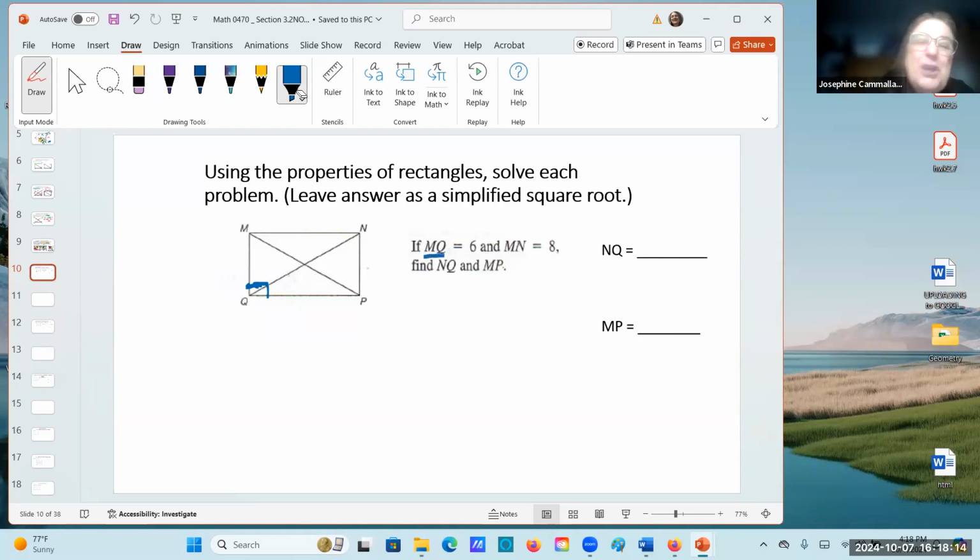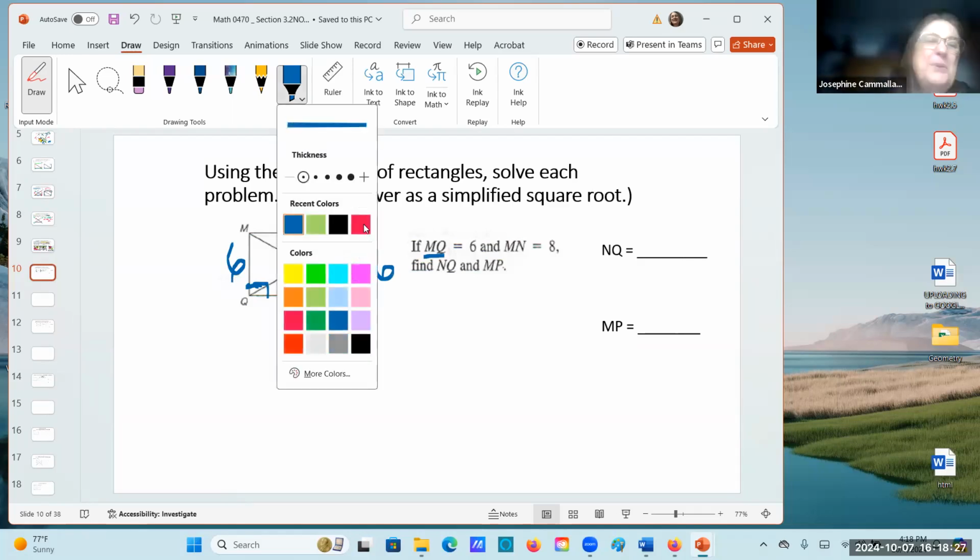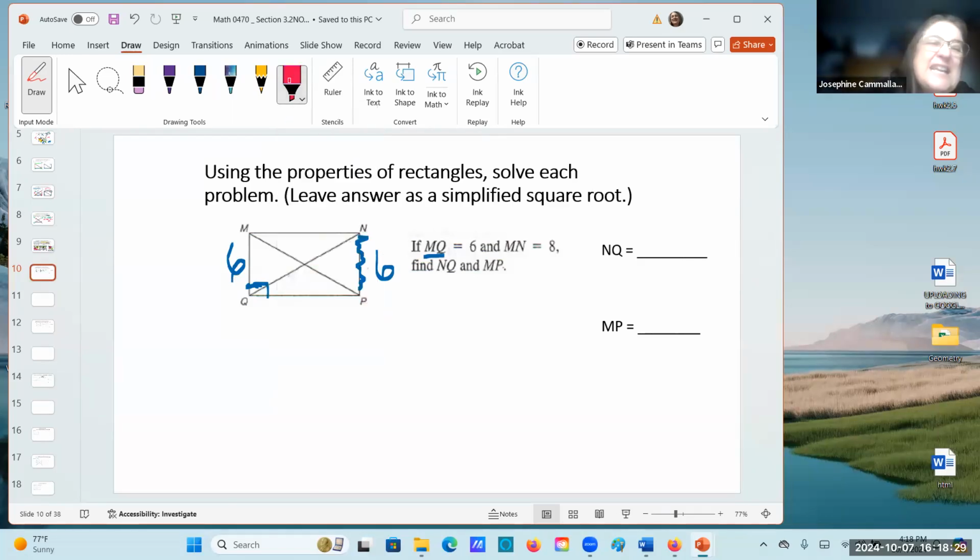This says MQ, which means this side is 6. This side here must be 6. This side is 8, which means this side is 8.